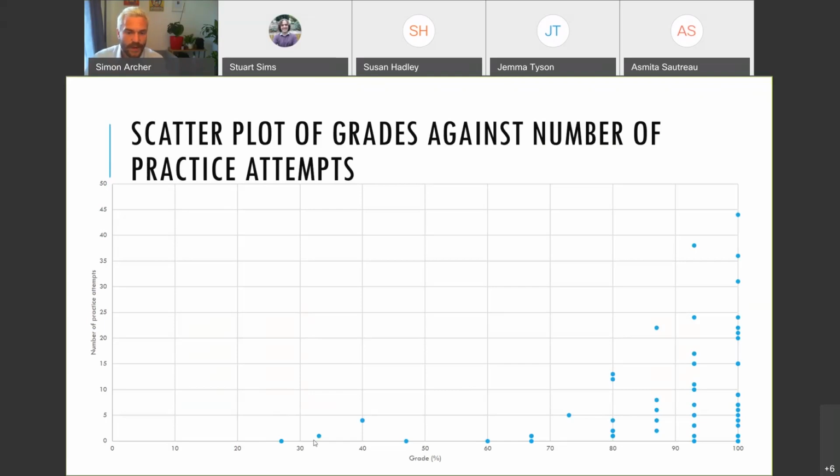Students that did between 20 and 40 practices were achieving really high marks. All these are the students that got 100%, so they were really up there with the number of practices. I scaled this down slightly. I actually had some students who had done 90-odd practices, but then it made my graph look quite small and bunched, so I removed that. They also scored 100%. But this is just to show you the impact it has had on those results.